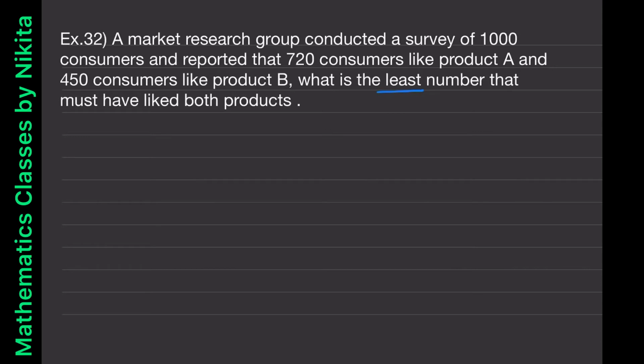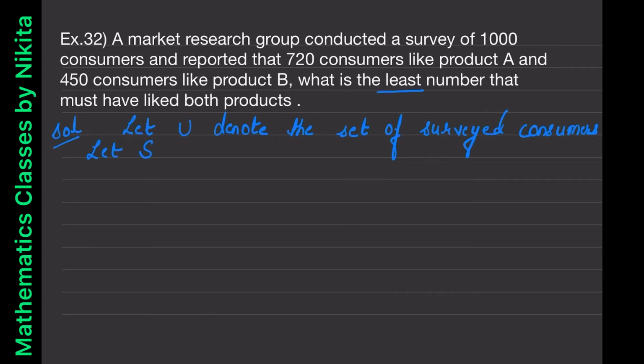So first of all, let us convert this word problem into a mathematical problem. So let U denote the set of surveyed consumers. And let capital S, now since A and B are basically mentioned as products, so I'm using capital S and capital T to denote the sets.